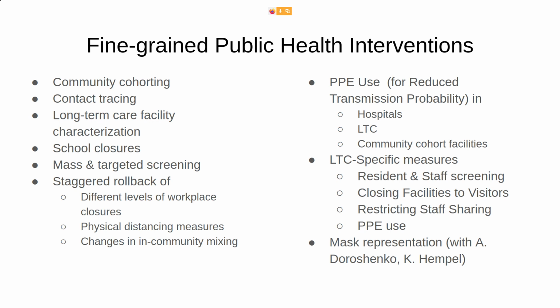They would include, for example, closures associated with healthcare facilities, closing facilities to visitors for long-term care, or for a hospital. Could include closing associated with schools. But a model like this would be suitable for example, representing restaurant closures or representing the effects of a closure or opening of a homeless shelter, etc. And we've done exactly that sort of thing for some of our northern colleagues.